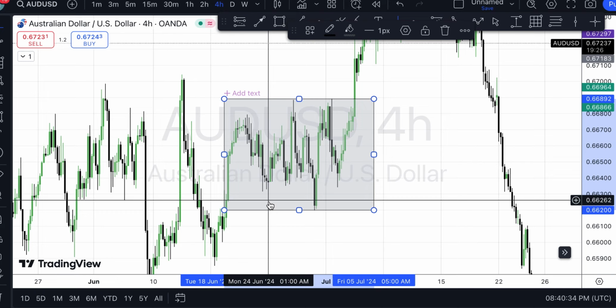You can choose to sell from here. If you get here, you buy. If you get here, you sell. So that's an example of a support area and a resistance area. But trading support and resistance alone without having other confluences is not really a good strategy though.